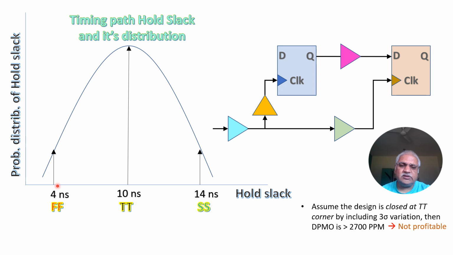Then if we move towards this, there will be a failure in the hold slack, and those parts need to be eliminated before going to the customer. To prevent fewer of these items from failing, we are fixing the design at this point, not at this point, and applying the 3 sigma and ensuring that the whole design will work.